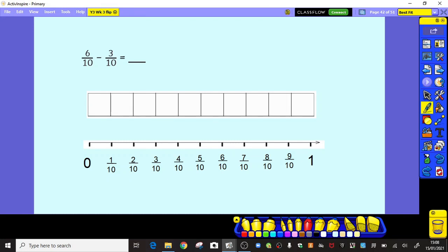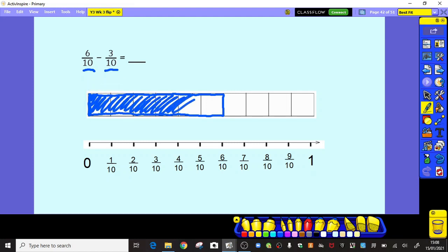So I've got my calculation, 6/10 take away 3/10. So I'm going to start by shading in 6/10. There we are, nice and quick.